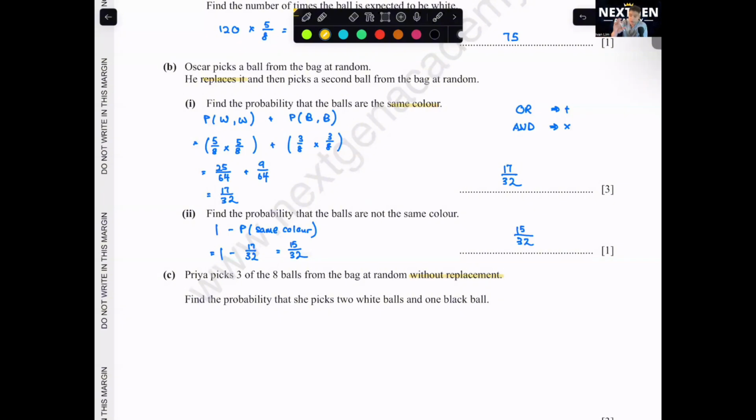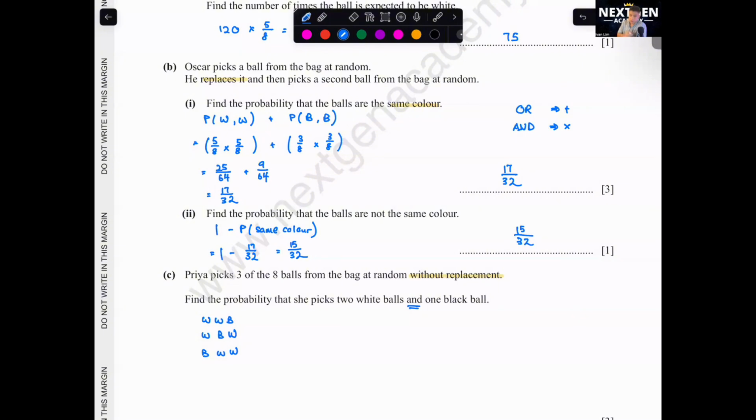Do you understand what's the difference between the 2 sentences? 2 white balls and 1 black ball. 2 white balls then 1 black ball. This is "and". It means we need to think about all the possible scenarios, which is she can take white, white, black. She can take white, black, white, or black, white, white.